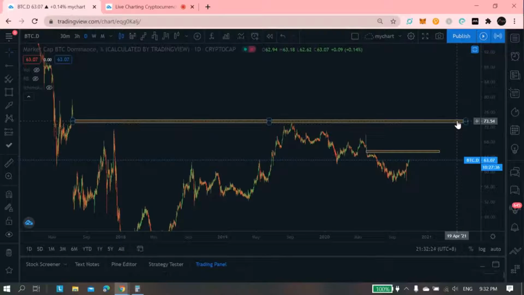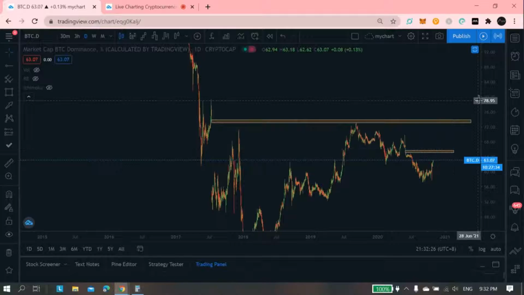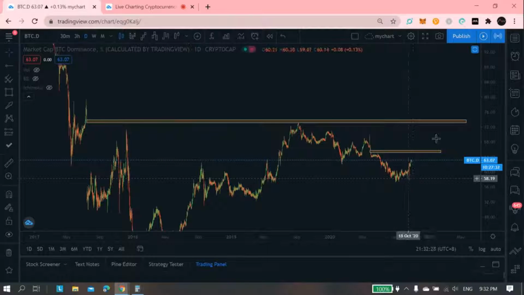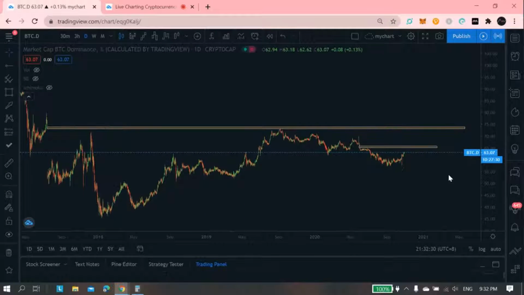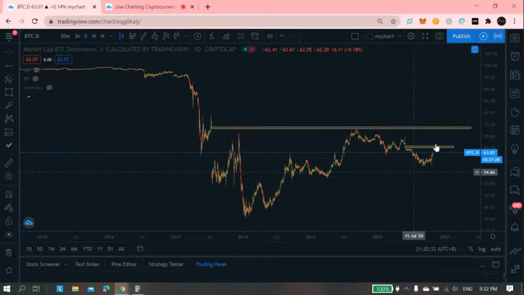So that's this area, the 73 area. So I worry much for my alt holdings if BTC dominance will increase at this area, and of course if this gets filled.